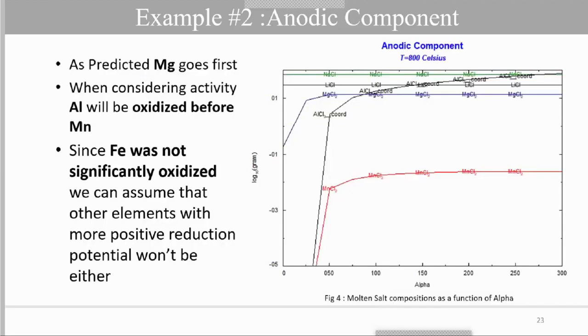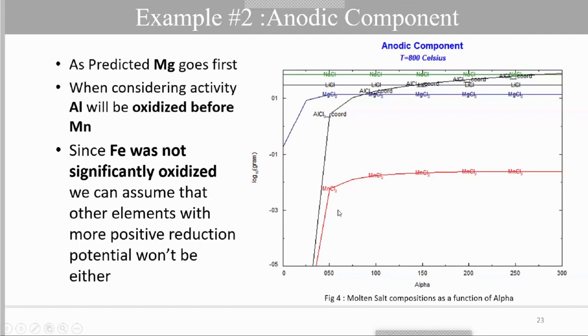So let's look at the result that we have. As predicted, when we start to do the charge transfer, the element that is lower on the reduction potential series goes first, and it was magnesium. We can see that magnesium is getting transferred to the salt, as shown by the concentration or the mass of magnesium chloride increasing.